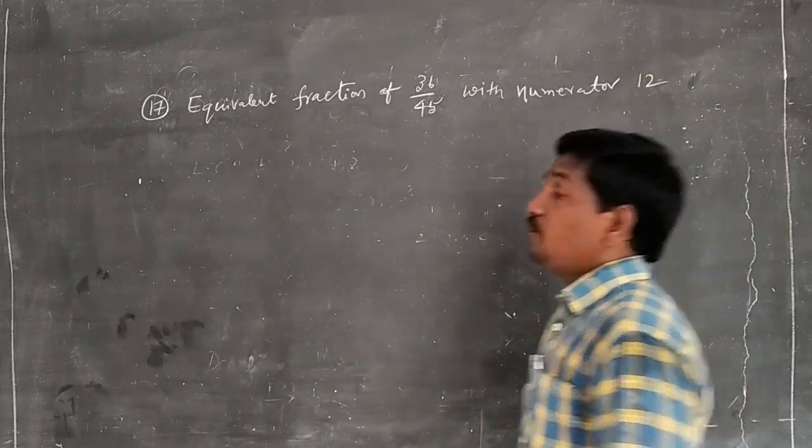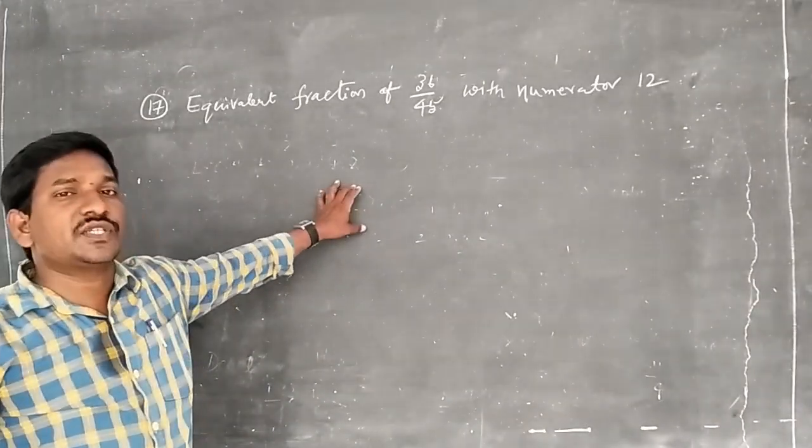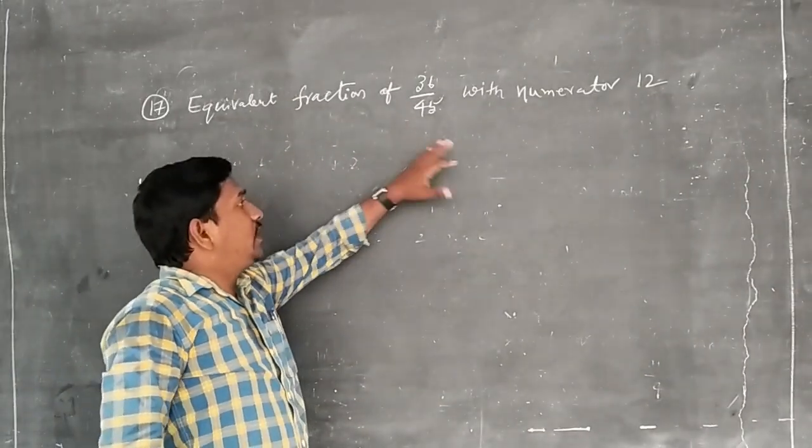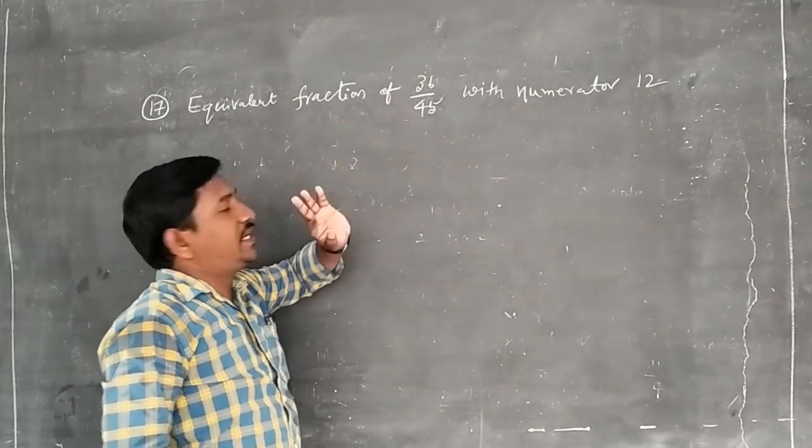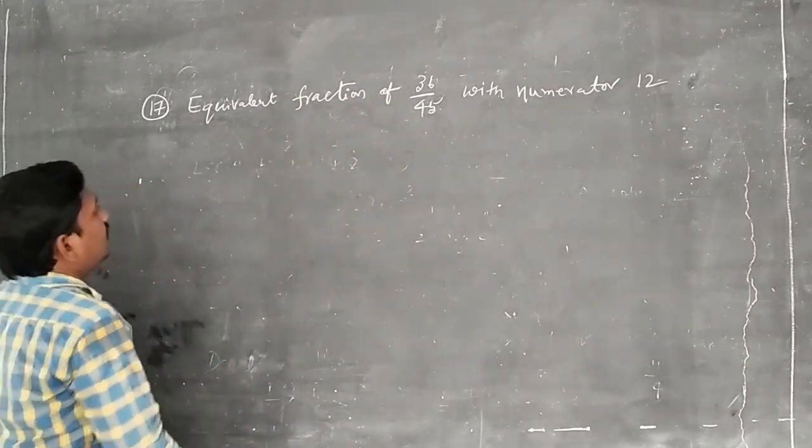So after simplification of the fraction, 12 should be the numerator. Take the given fraction.